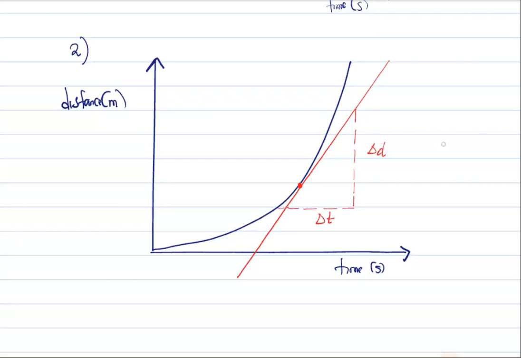Now we know that the change in distance over the change in time is just what? Velocity. But this velocity is not uniform. It is non-uniform. So this one tells you that the velocity we're dealing with is non-uniform velocity.